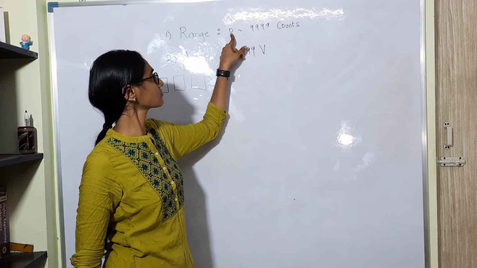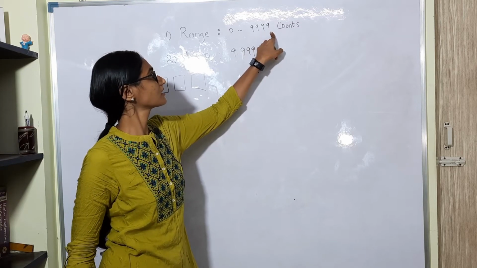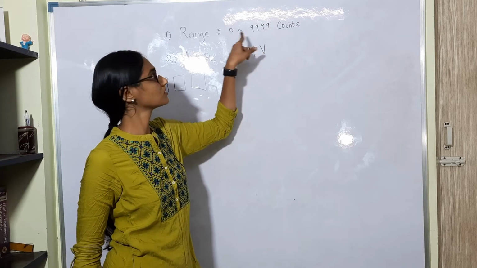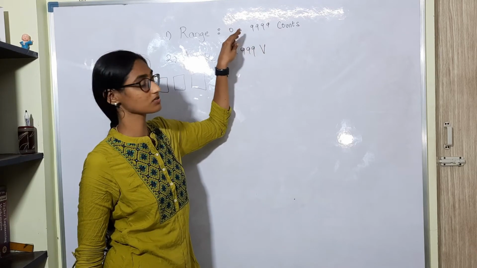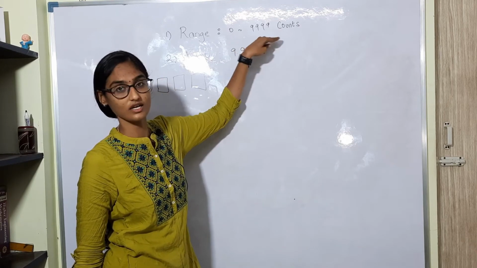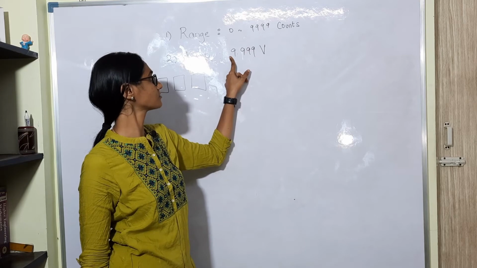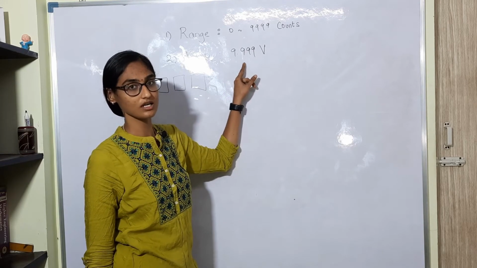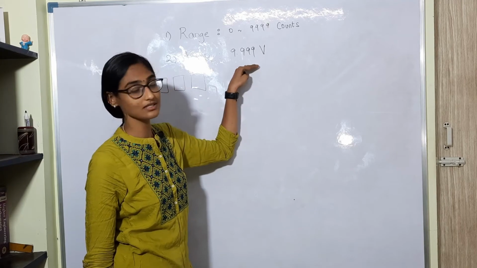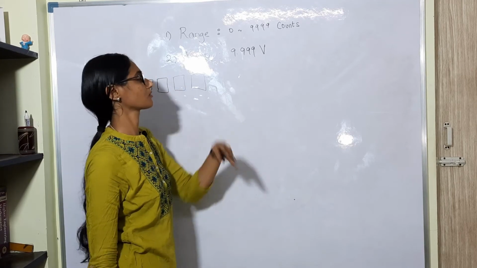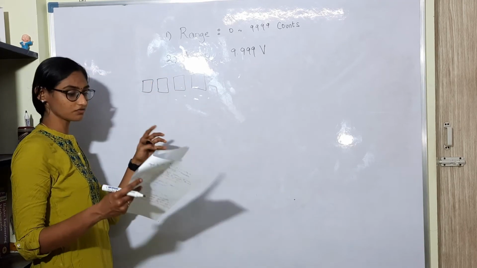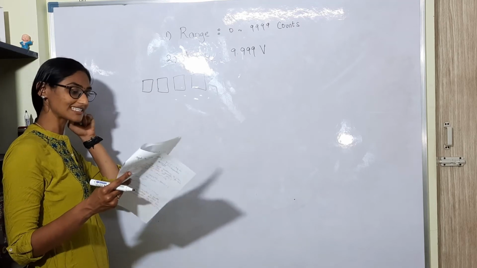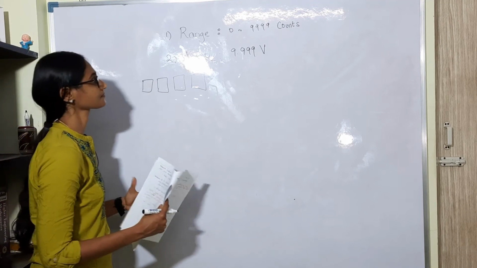Even though it can measure from 0 till 9999, it is not measuring voltage from 0 till 9999 volt. It's measuring a full scale reading only of 0 till 9.999 volt. This shows the precision of the instrument. Okay, so let's leave all the stories. We'll come to what is asked. We are asked to find out the resolution of the instrument.